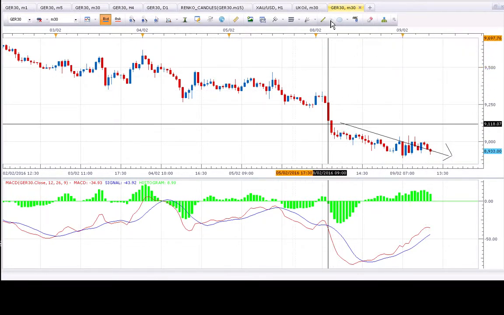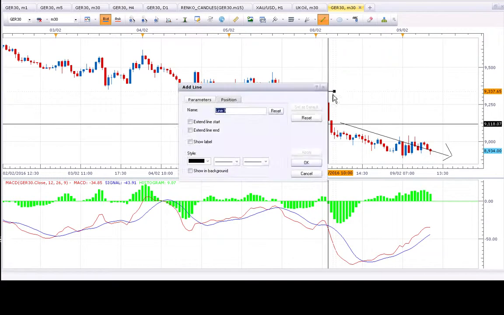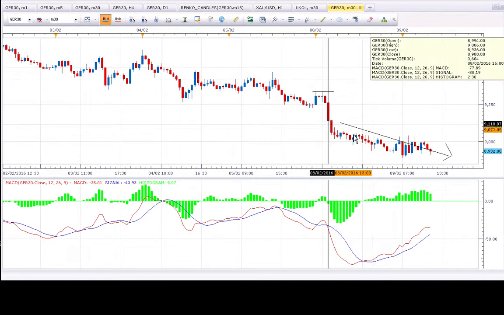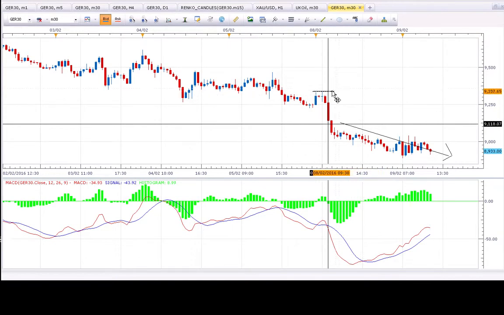Normally you'd put your protective stop loss above the most recent high, which would have been there. So you would have got in at 91.18, and in this particular case, you have to put a pretty wide stop loss here at 93.30. So what's that? 100 and 200 points or so, 220 points.